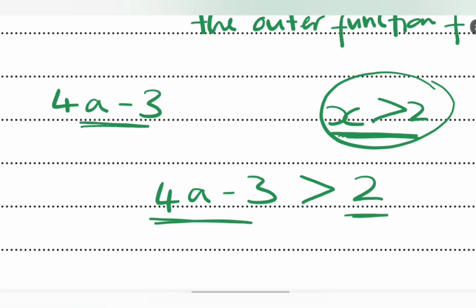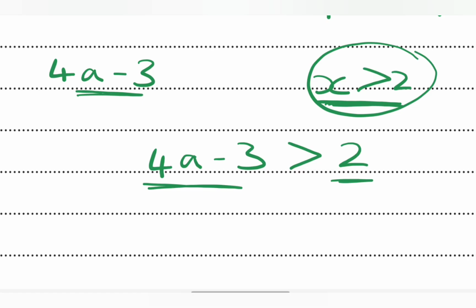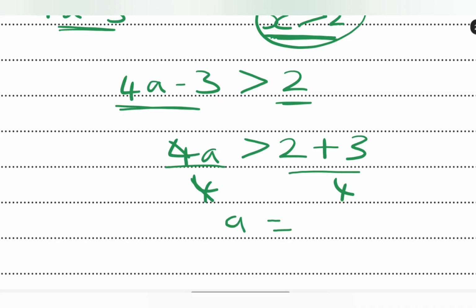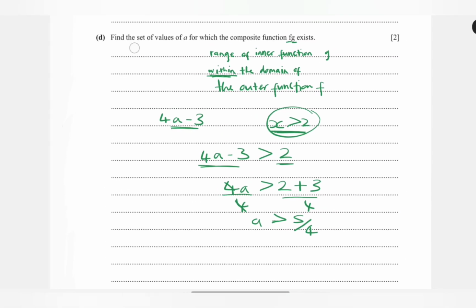And so then we just solve this. 4a is greater than 2 plus 3, and a will be this divided by 4. A is greater than 2 plus 3, that's 5 over 4, and I put equal there by mistake. So this is the set of values of a for which the composite function exists, and that gives us 2 marks.